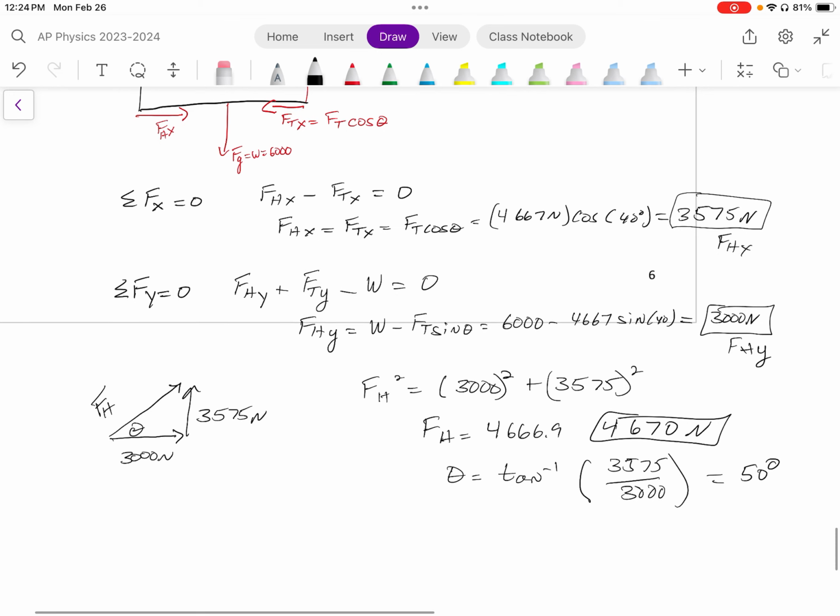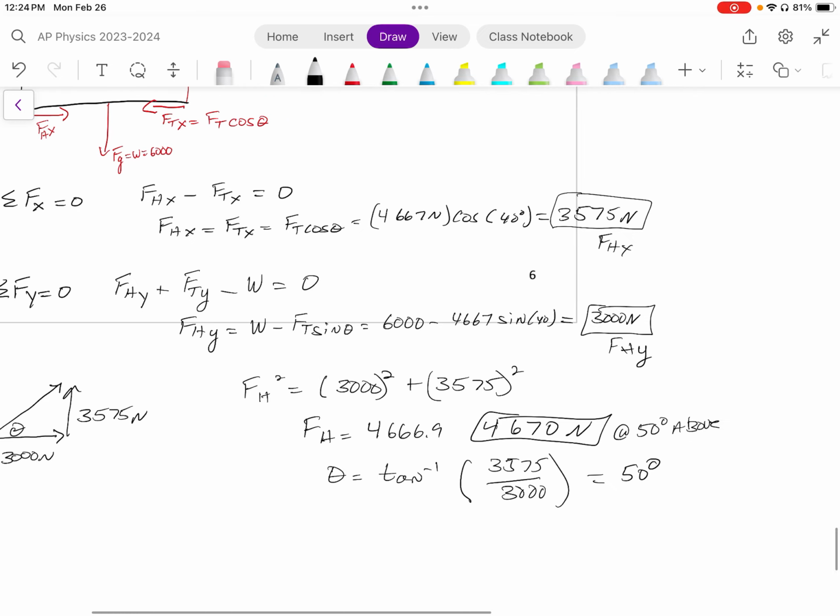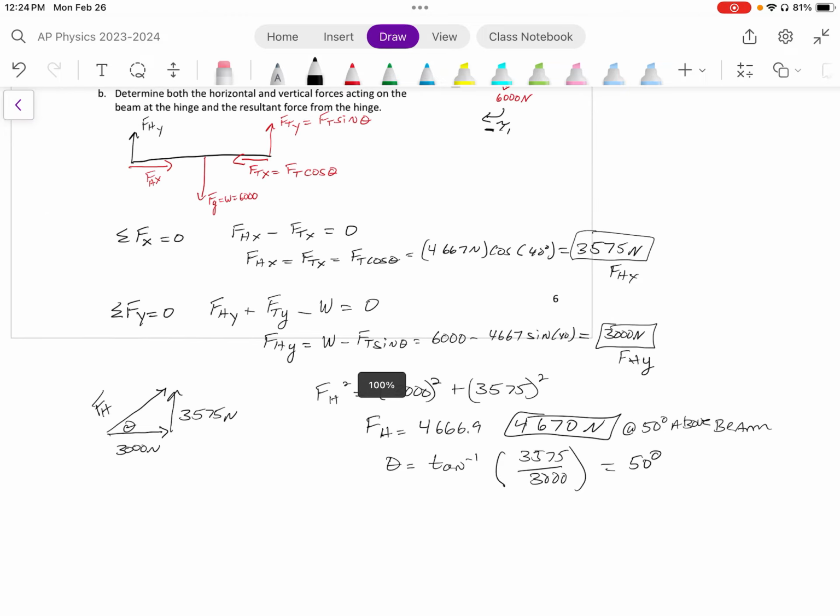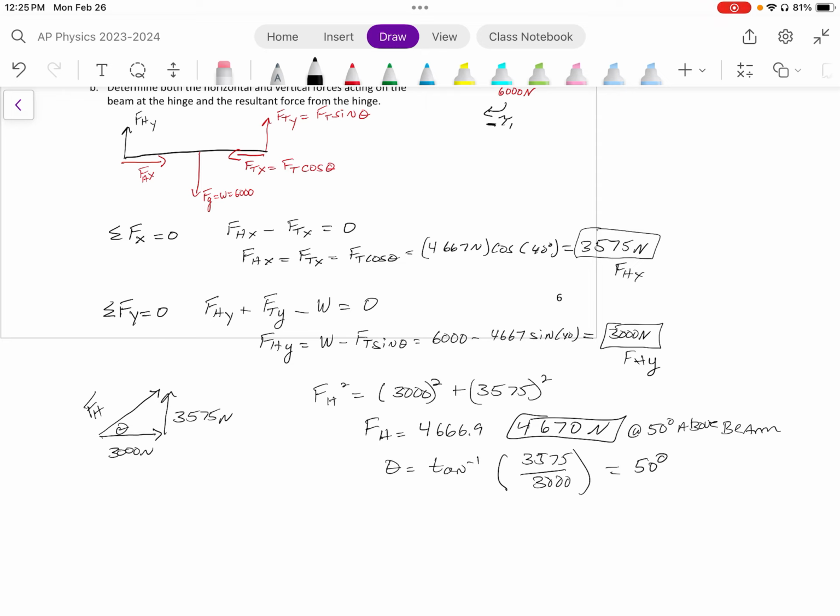Okay, so technically it is at 50 degrees above the beam. That is the force from the hinge acting on the beam. All right, that concludes my lecture video for today, and it concludes my notes on equilibrium. Now we need to practice.